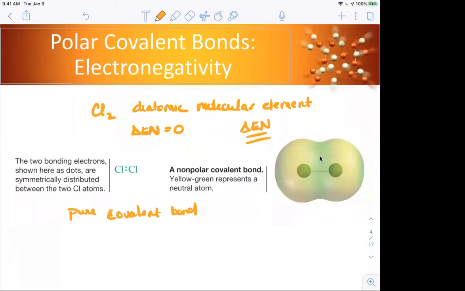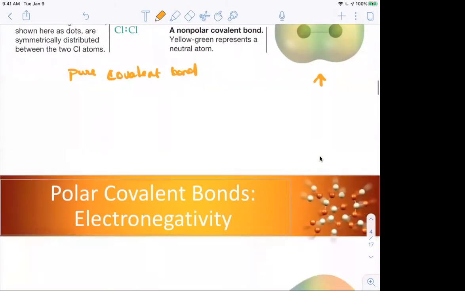Here, if you look at this electrostatic potential map, this yellow-green color represents a neutral atom, which indicates the symmetry and where the electrons are distributed between the two nuclei.